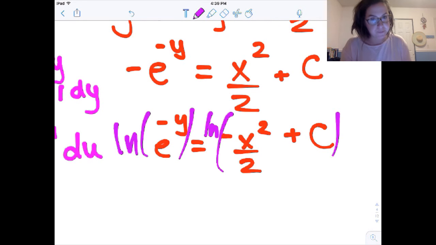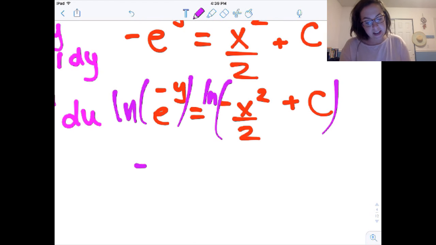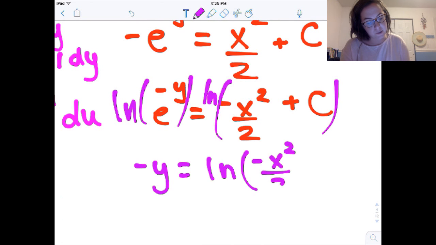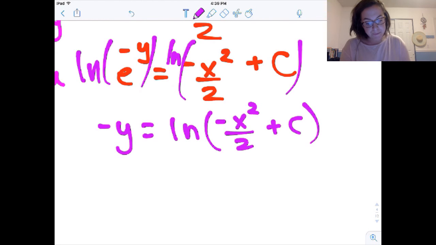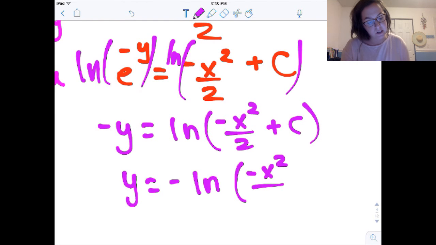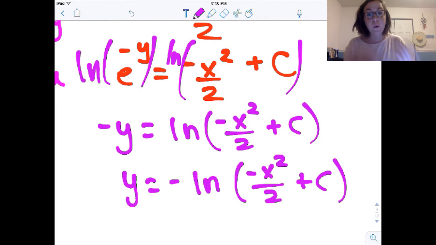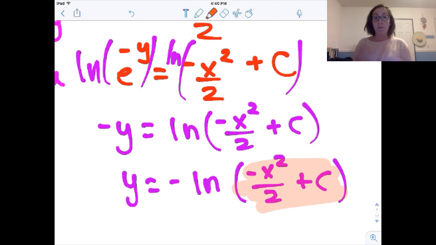Okay, so this is going to be negative y equals ln of negative x squared over 2 plus c. And then solve for y. So y is the opposite of the natural log of negative x squared over 2 plus c. And there would be some domain restrictions here based on what your c value is, because you don't want this to come out to be negative, right? So we'd have to be careful with that, but they didn't ask for a particular solution, so it's okay on this one.